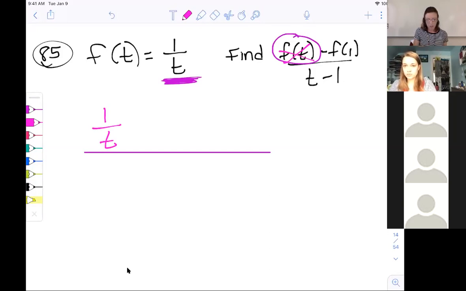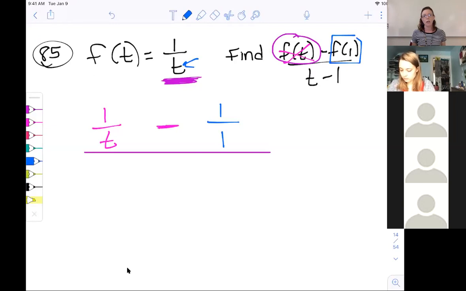Then we have a minus sign, and the next part says f of 1. Well, the number in the parentheses replaces the variable in my equation. My variable is a t, so I'm replacing the t with a 1. So I have a 1 on the top and a 1 on the bottom, and I'm going to keep it as a fraction.